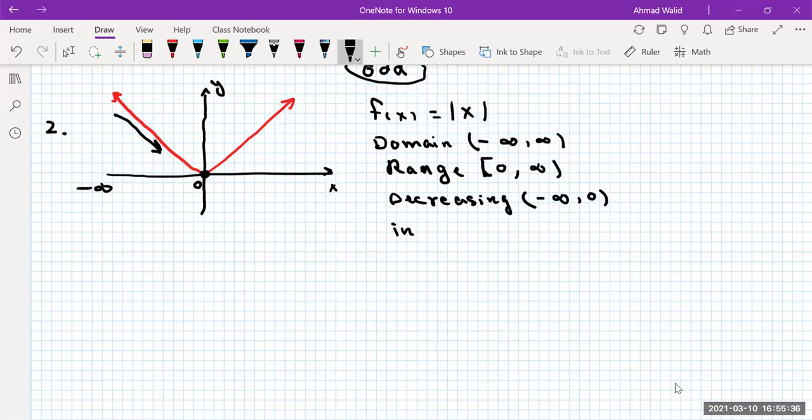And also your function is increasing from 0 to infinity. And definitely, because it's symmetric about the y-axis, this is an even function.